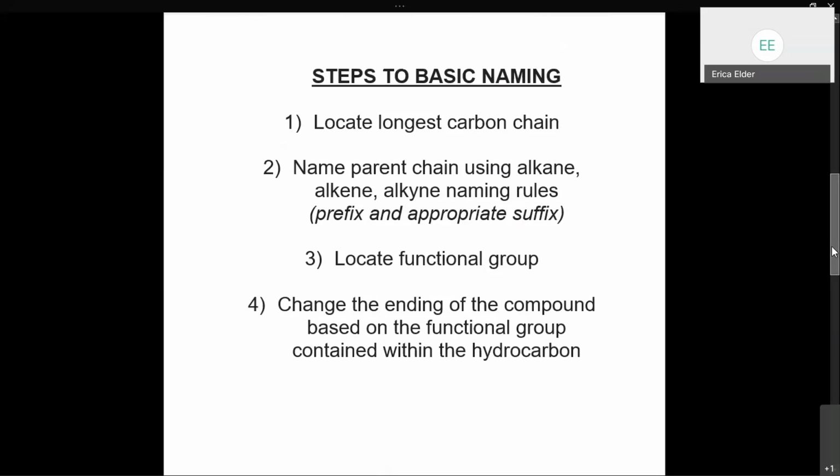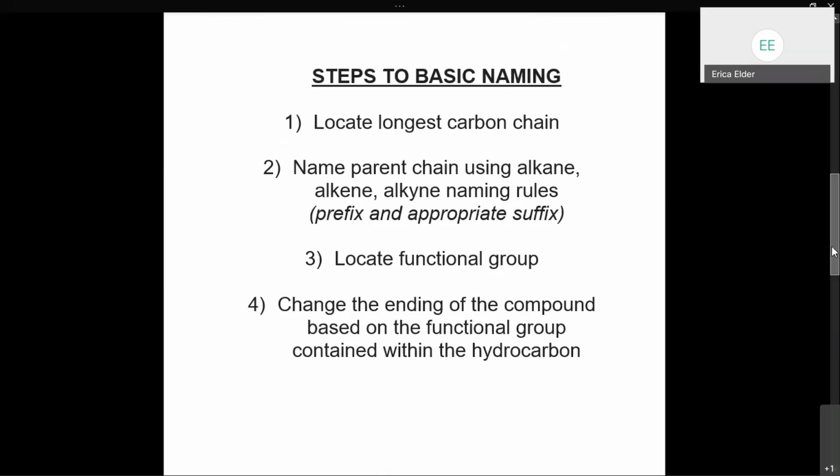Once you have done that, you should be able to locate the anomaly or the functional group that is contained within your hydrocarbon. Once you do that, you can go ahead and change your ending of the compound to reflect the functional group that you found.